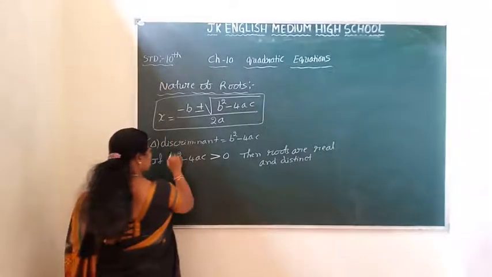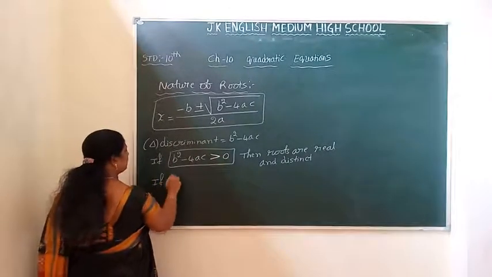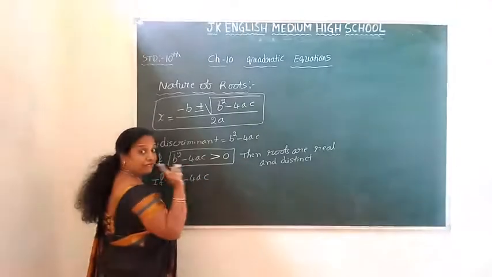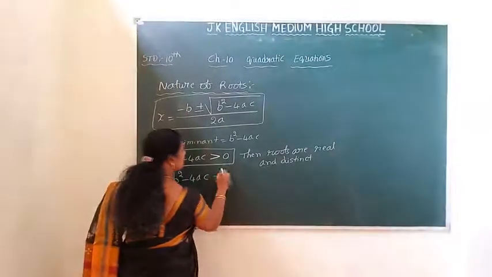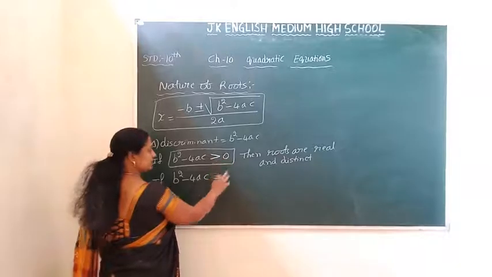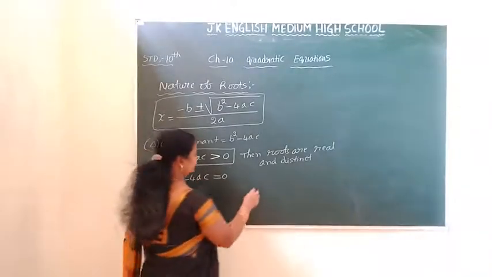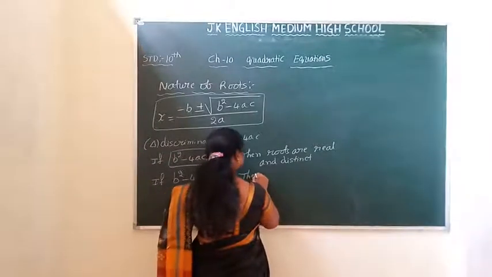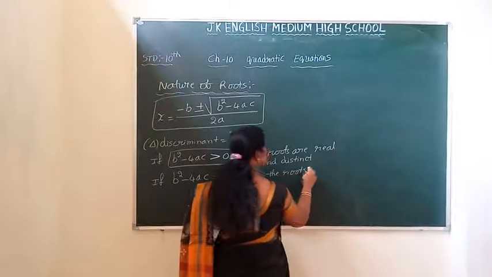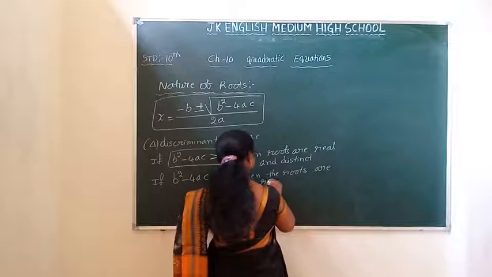If b square minus 4ac is greater than 0, that is a positive value, then the roots are real and distinct. Then if b square minus 4ac is equal to 0, then the roots are real and equal.